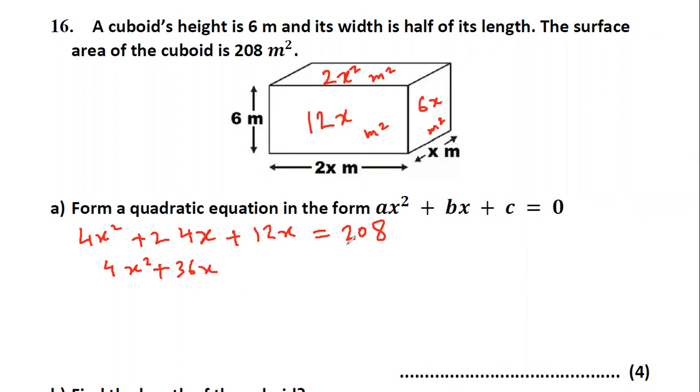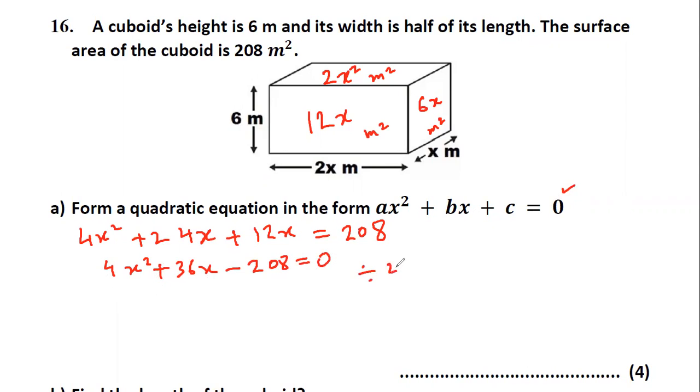And if I take away 208 from both sides, I'll get minus 208 equals 0, because we needed to bring it into the required form. Right, so now I can divide the whole thing by 4.